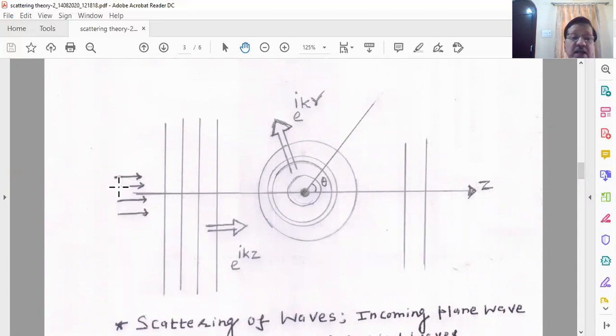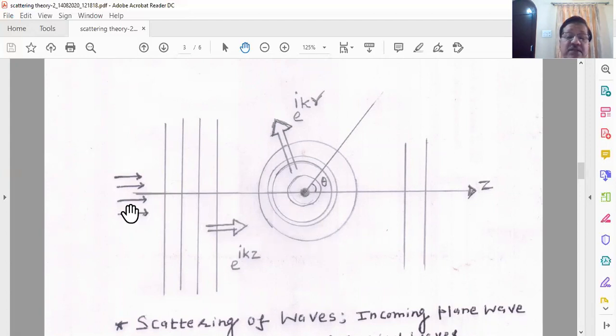So the beam of particles directed towards the scatterer can be considered as a set of plane waves propagating along the z direction. Please remember, here we would like to study the wave nature.